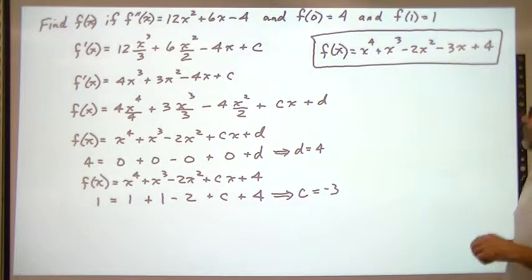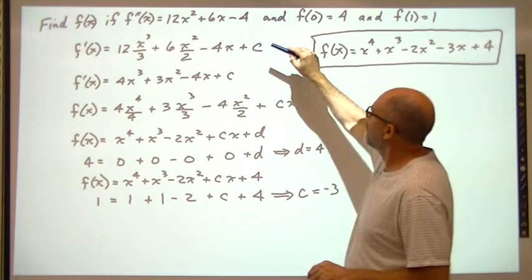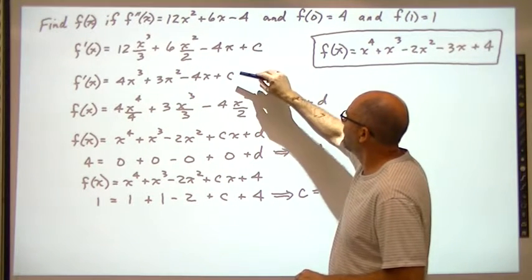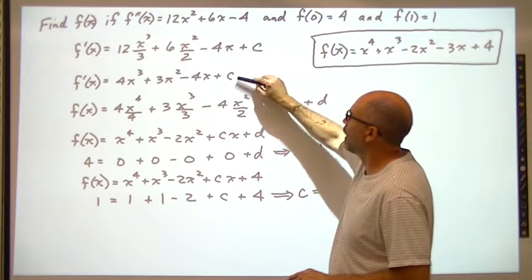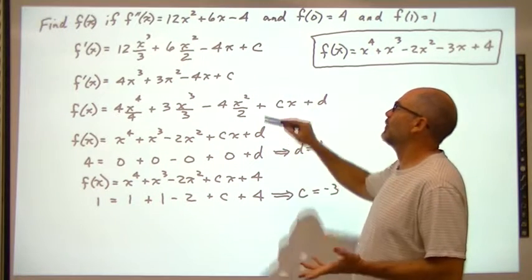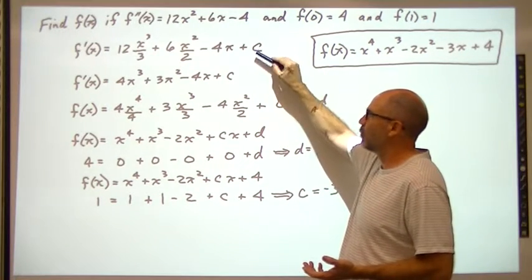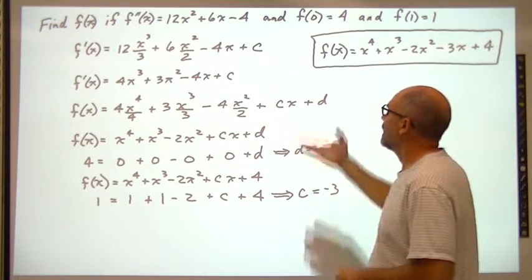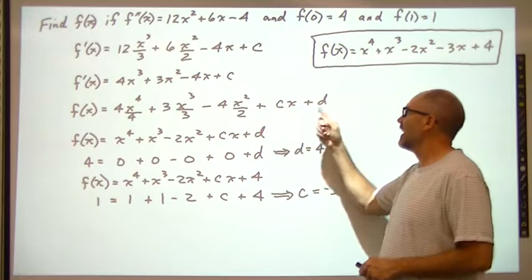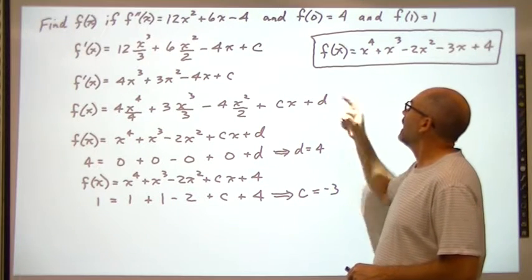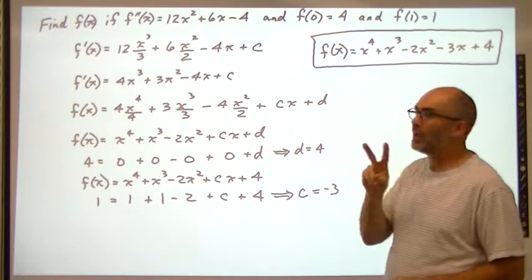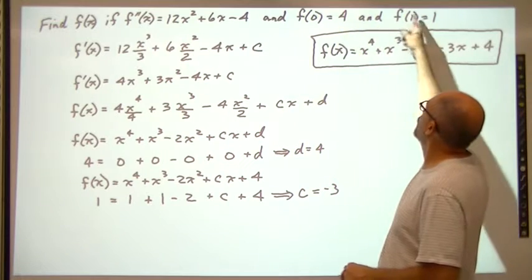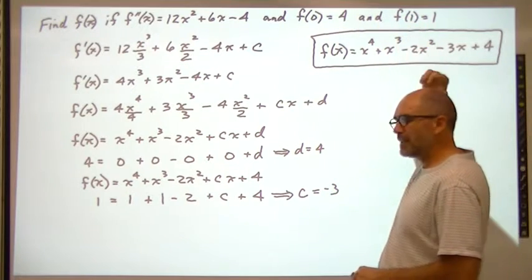So, you realize then what we need to do is we take the antiderivative once, and that gives us the unknown constant c. Then when I take the antiderivative again, I get the unknown constant d. Now, you have 2 unknown constants. That's why they had to give you 2 initial conditions.